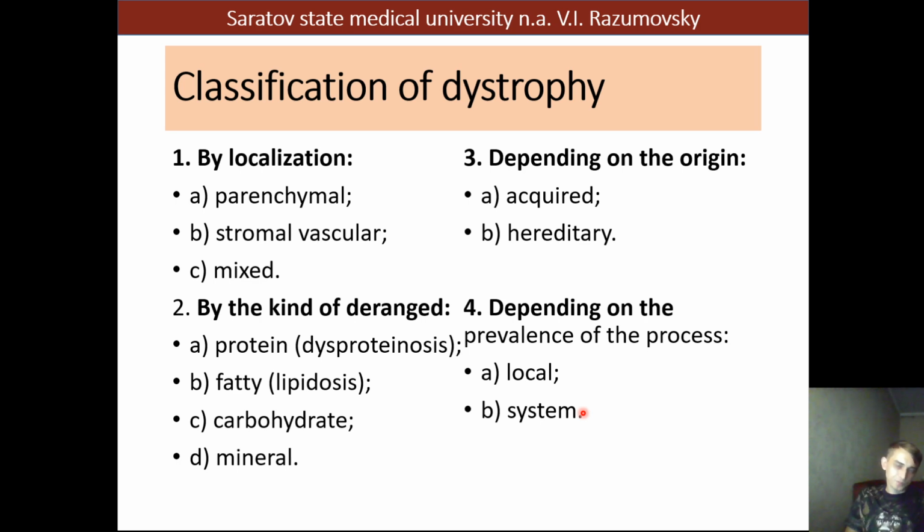Classification of dystrophy. We have some ways of classification. It may be classification by localization, by the kind of derangement, depending on the origin, and depending on the prevalence of the process. By localization, we have parenchymatose or parenchymal degeneration, stromal vascular degeneration, and mixed one.